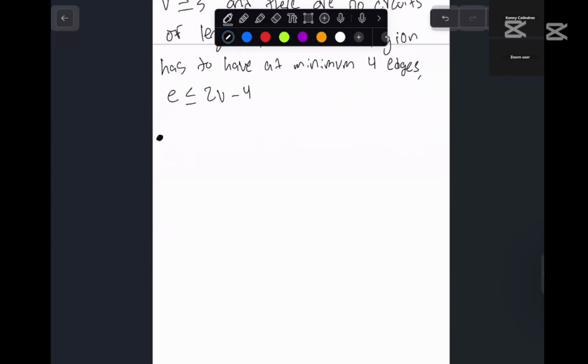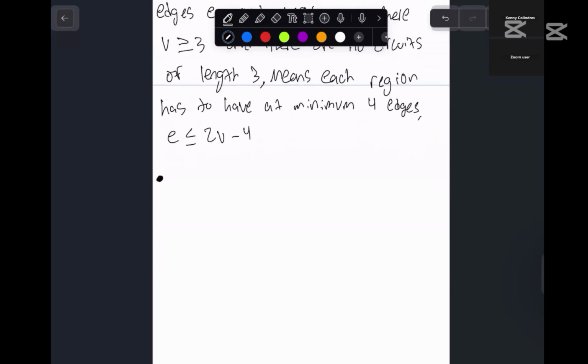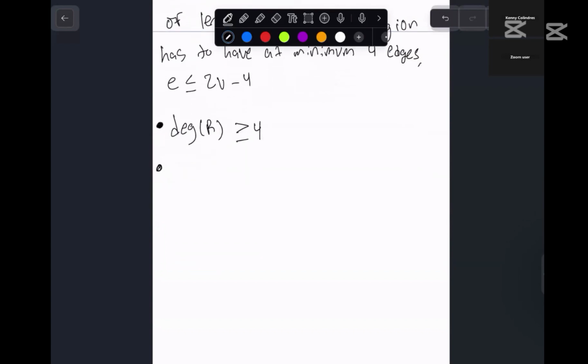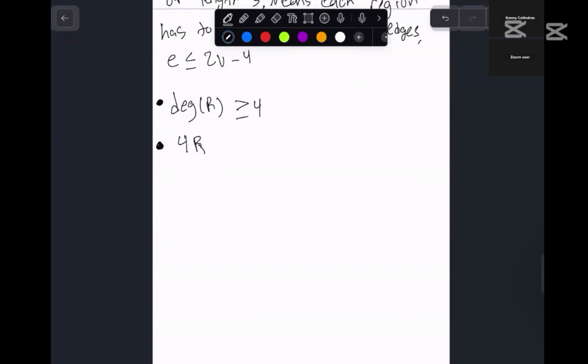So what we're going to do to prove this now is, since each region needs to have at minimum 4 edges, it means the degree of each region is greater than or equal to 4. So using that to find the sum of the degree of all the regions, you simply multiply that by the number of regions R. So this is the minimum total degree of regions.